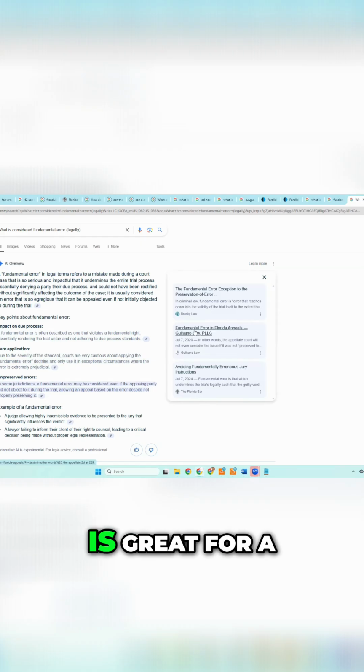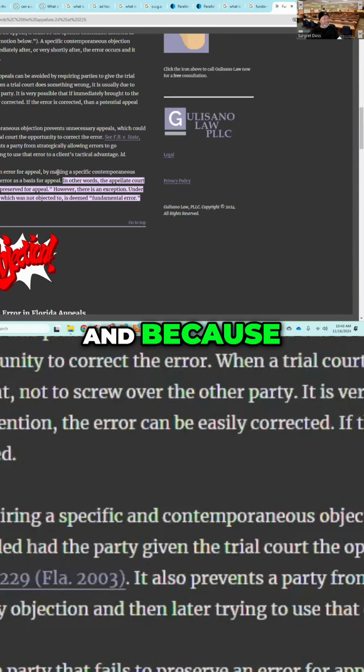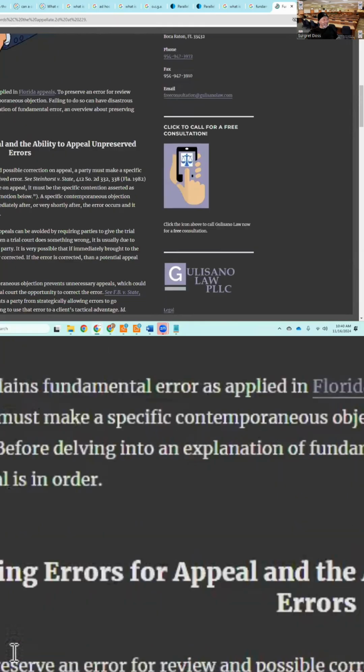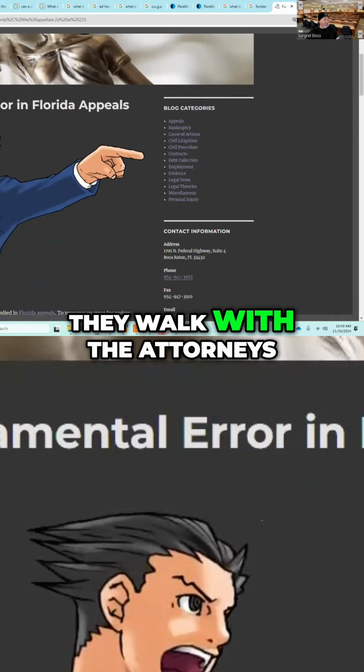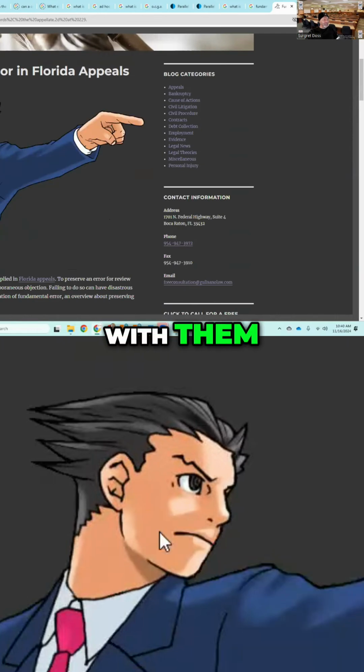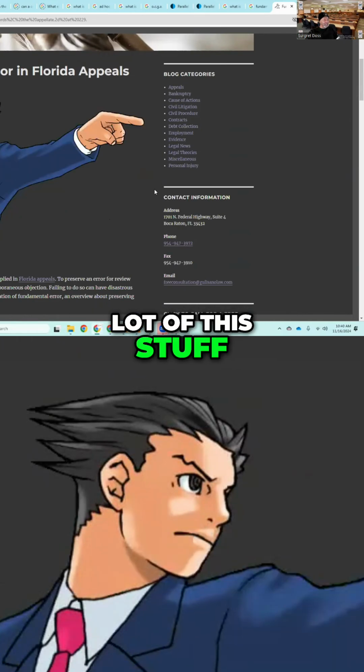Utilize your resources. And also, this is a resource I think is great for a lot of people. I use them all the time. I go to the lawyer pages and look at lawyer resources because even if you don't agree with it, they work with attorneys. I have no issue with them. And read their blogs. They give you a lot of stuff that can be beneficial.